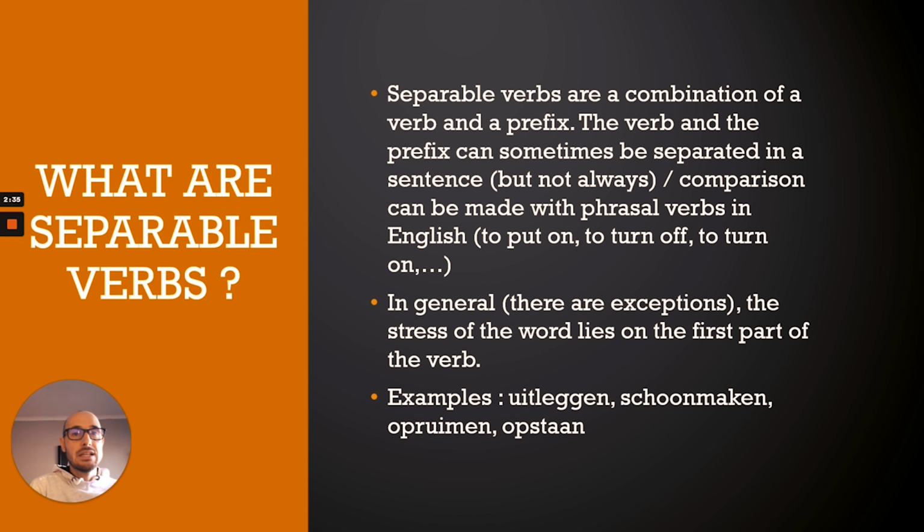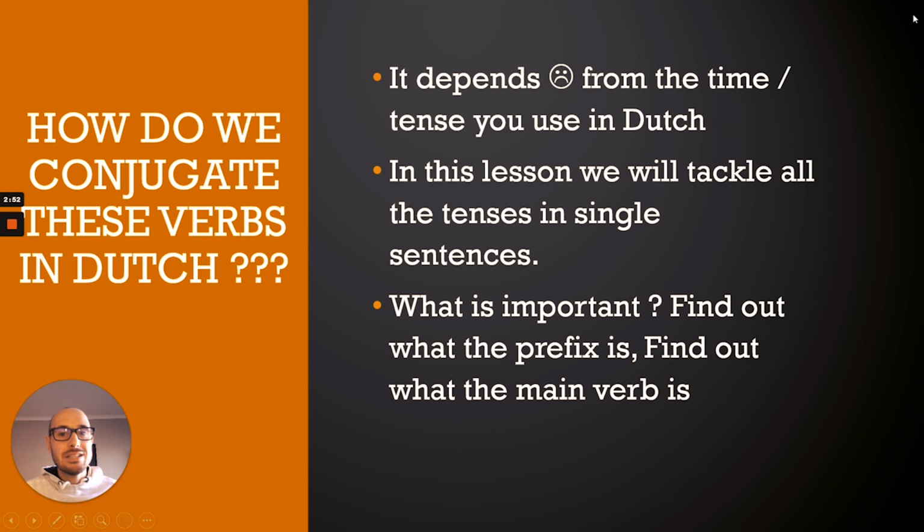There is a prefix and a main verb, and the stress needs to be on the first part. In general there are some exceptions, but if you remember this, then for 95% of the cases, you're sorted.